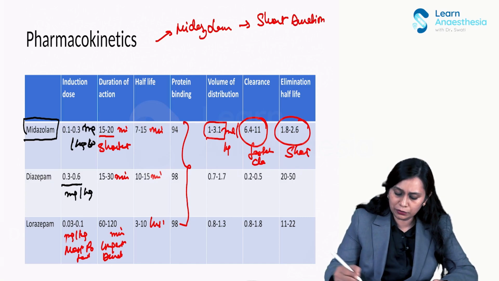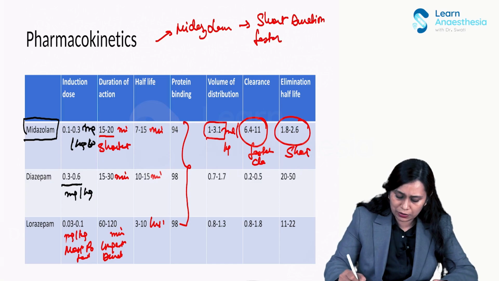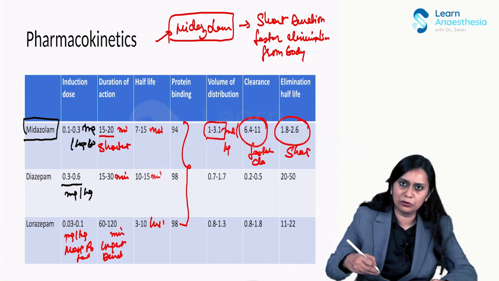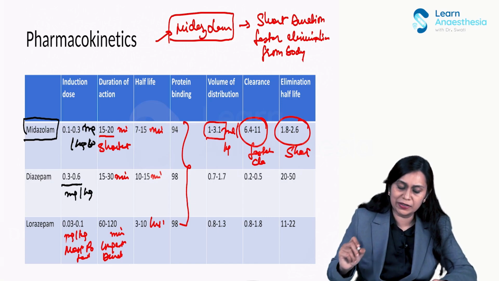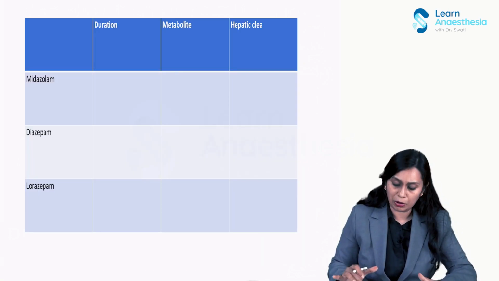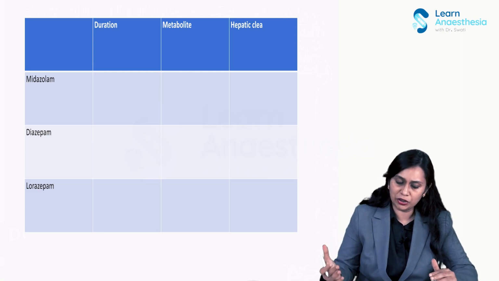Short duration and faster elimination from the body. So this makes midazolam a better drug over the other two agents, diazepam and lorazepam, during anesthesia practice. Okay. Now the next important thing which we need to know about them is their duration of action and metabolite.